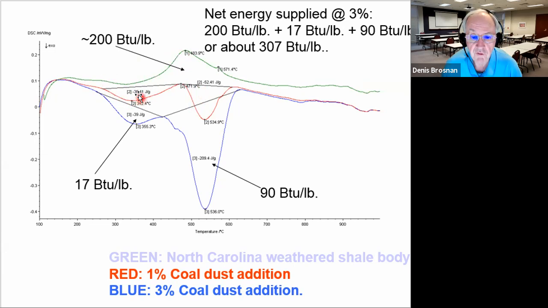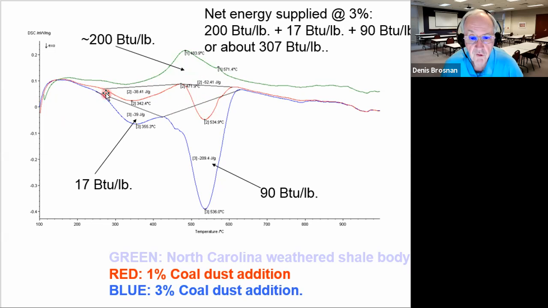So the low temperature exotherm is the combustion of the volatiles that were in the coal, and the high temperature combustion is the combustion of the solid carbon material that's in the coal. So you can see that we were able to pick up some heat over and above that consumed in dehydroxylation.